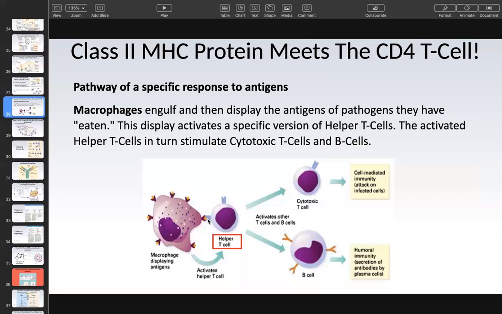These are the helper T cells. What the helper T cells will then do is activate other T cells. They basically provide a call to recruit even more cytotoxic T cells. These are your CD8 cells. And then they also activate B cells, which will then mature into plasma cells, which will then activate the production of antibodies, which leads us to our discussion on humoral immunity.